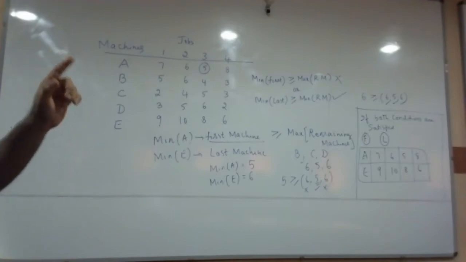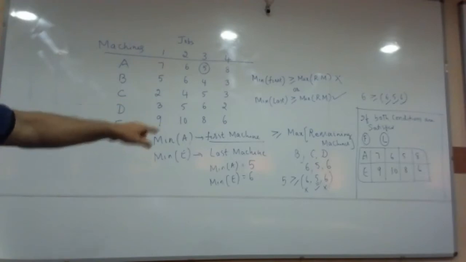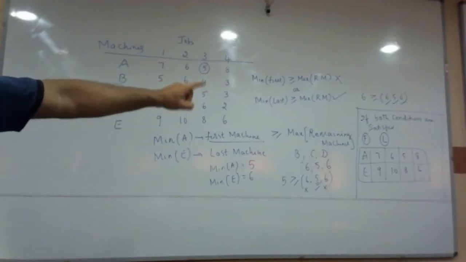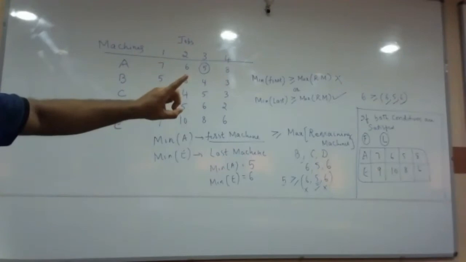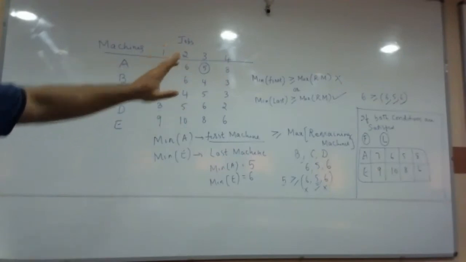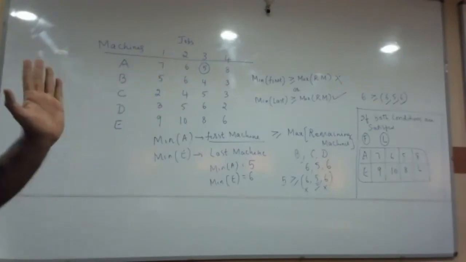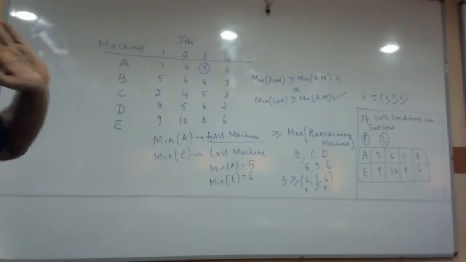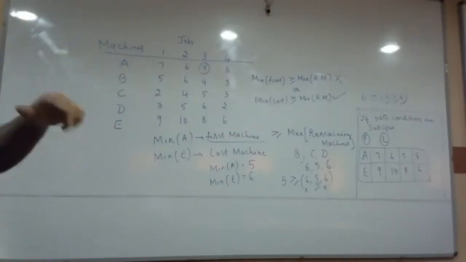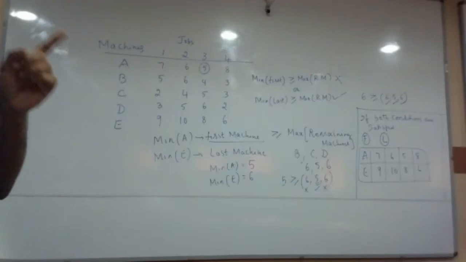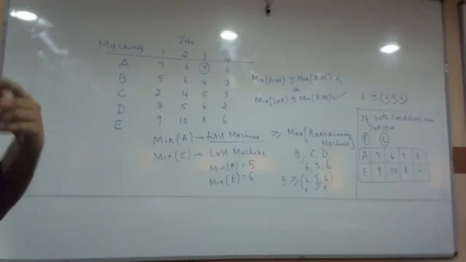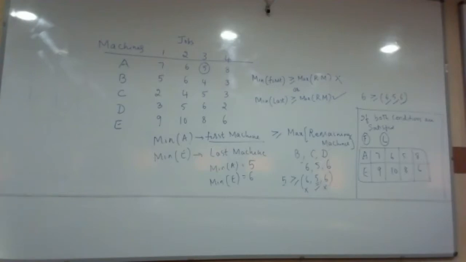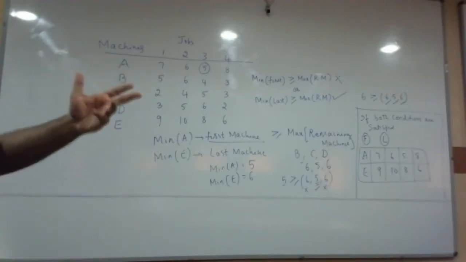But in this particular problem, I will not be able to convert directly into two machines because both the conditions are not satisfied. Only one condition is satisfied. Now the question is, if only one of the conditions is satisfied, then what to do? Let us assume that there could be a problem where both the conditions are not satisfied.